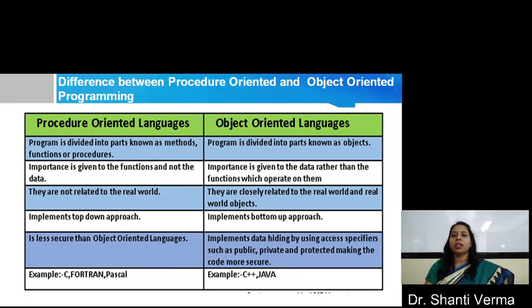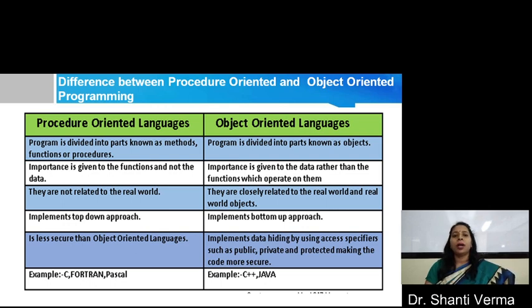Now let's first discuss the difference between procedural and object-oriented languages. Procedural languages divide the program into parts that are methods, and in object-oriented languages the program is divided into parts that are known as objects.